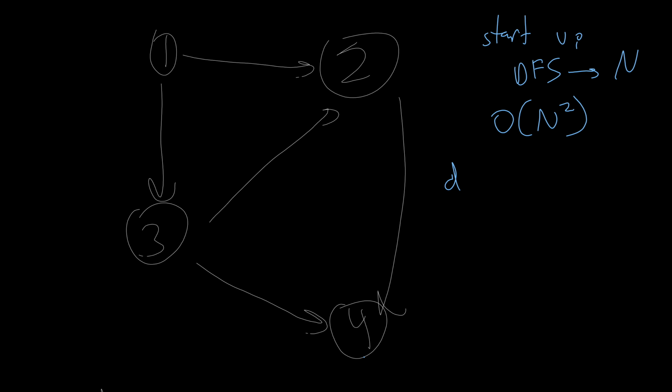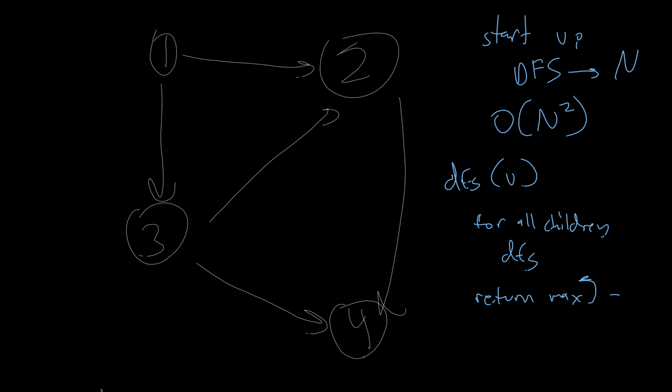So you'd have some DFS function on the vertex, and for all children, you'd call DFS, and then you would return the max of all these plus 1.